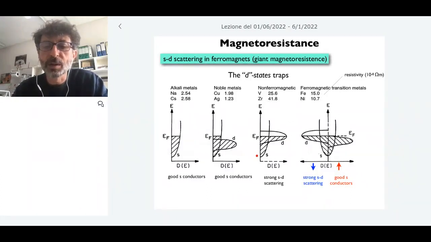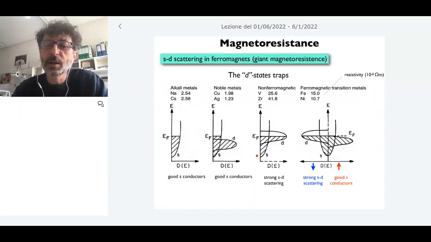But you could ask, why does the presence of more electrons make the resistivity larger? Because you could say, more electrons, more conduction, but this is not the case. Why? This is a quantum effect that we see in the next slide. Most of the s electrons will scatter into the d band.